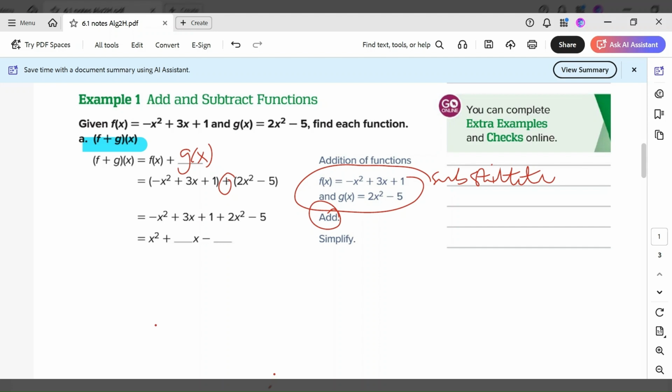There's only one of them. And then we have 1, but we subtract 5. So 1 minus my 5 makes it a negative 4. And there's our final product, which is x squared plus 3x minus 4.